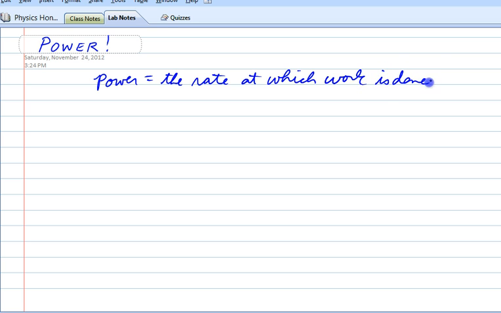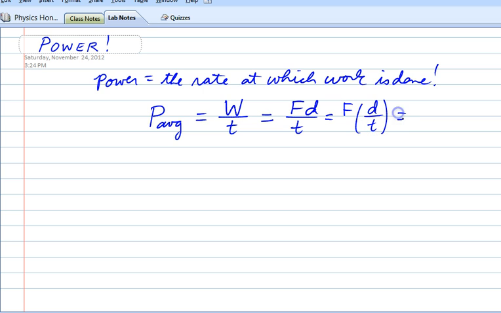So turning that into a mathematical statement, when we talk about average power, we're simply taking the amount of work done and dividing it by the total time. One thing that's interesting about this is work is force times distance, and if we divide that by time, that's force times distance over time, and we know that distance over time is average speed.